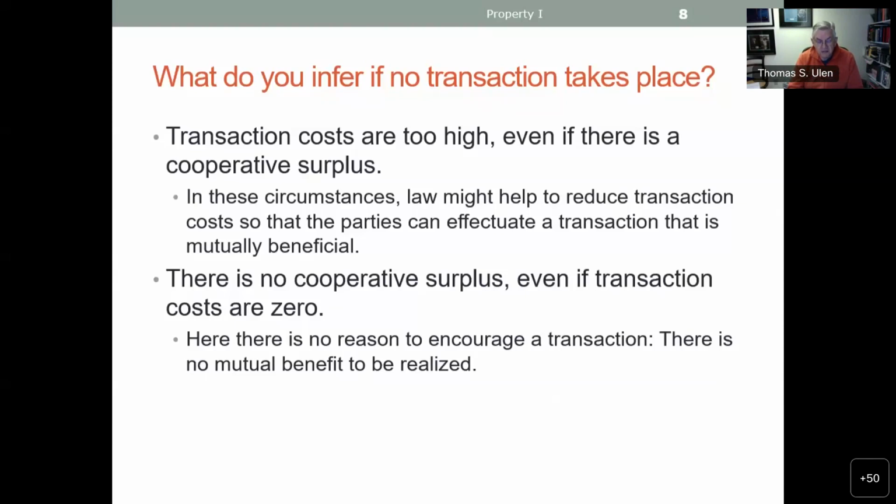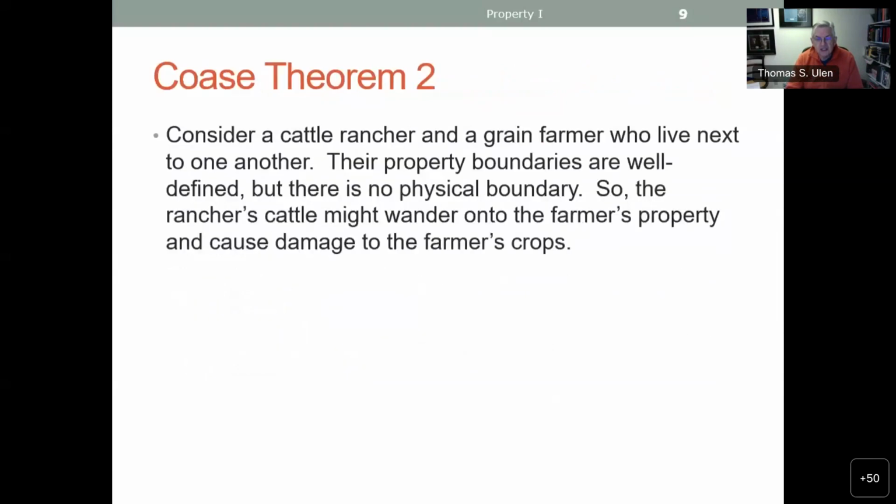Okay, next slide. I'm going to go through this example. It's a famous example. It's in our textbook, and it's an example that I made a mistake on one of the slides that I'll correct later. But consider a circumstance in which there are two property owners who are situated next to each other, a cattle rancher and a grain farmer.